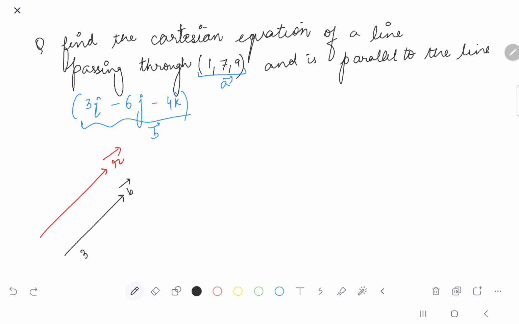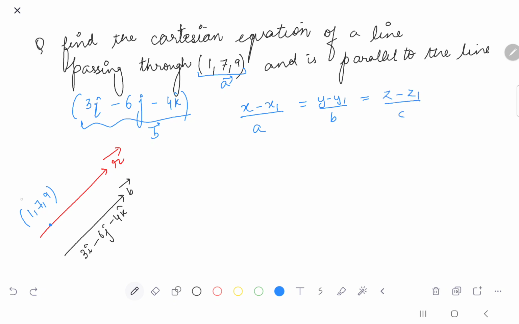The B vector is given to me as 3i cap minus 6j cap minus 4k cap, and this point shall be my A point, 1 comma 7 comma 9. So straight away I know that when I write down x minus x1 over a, y minus y1 over b, z minus z1 over c.